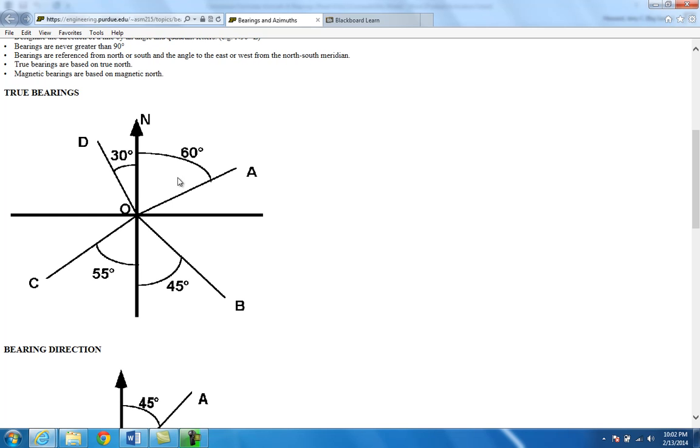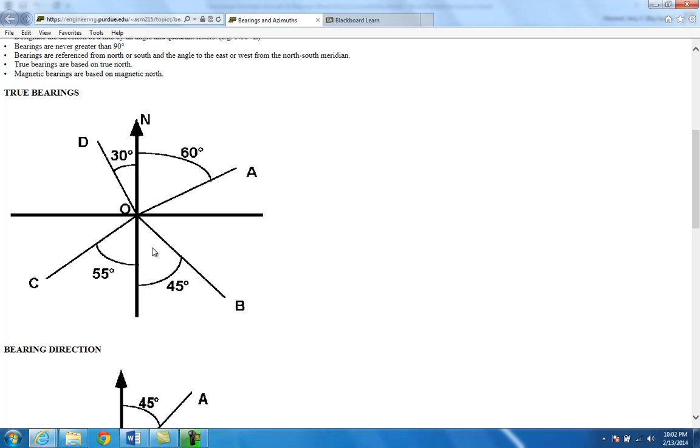So it makes sense how you're turning. If you're in that quadrant, that's what it is: northeast, southeast, southwest, or northwest. It just depends on which quadrant you're in.